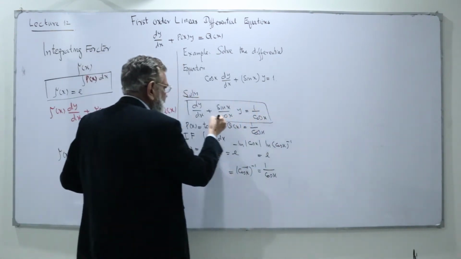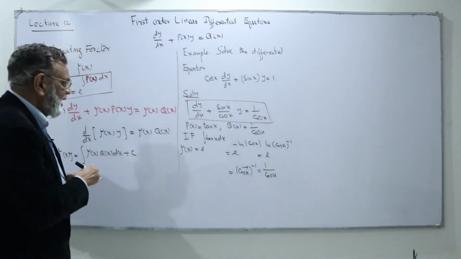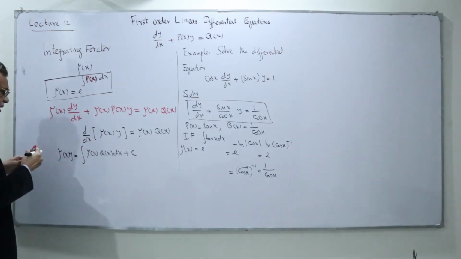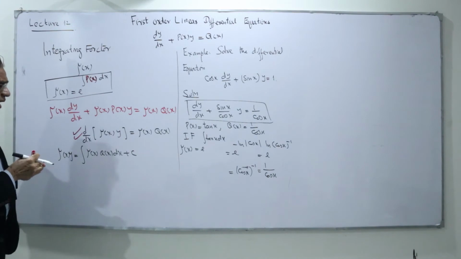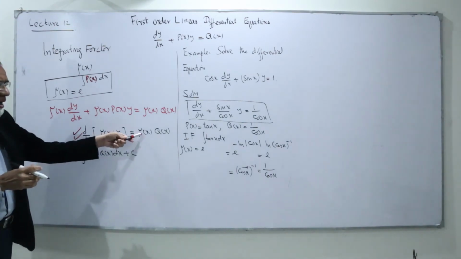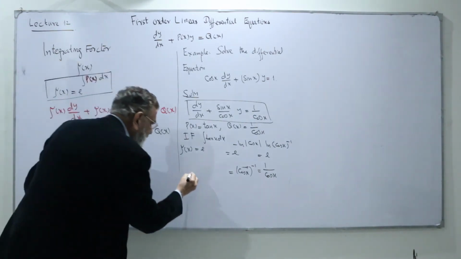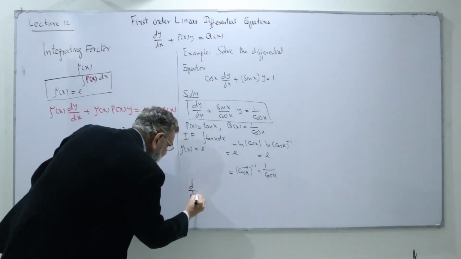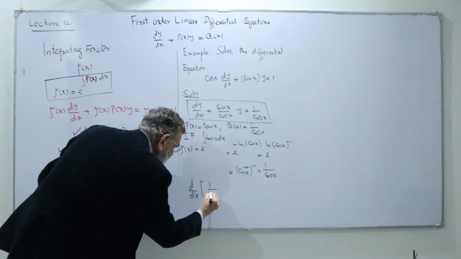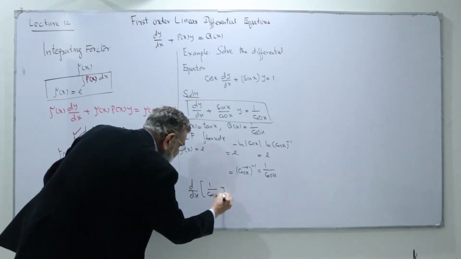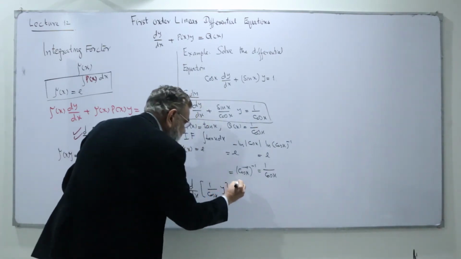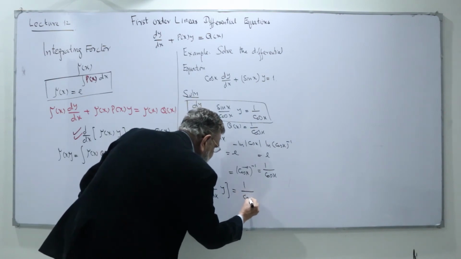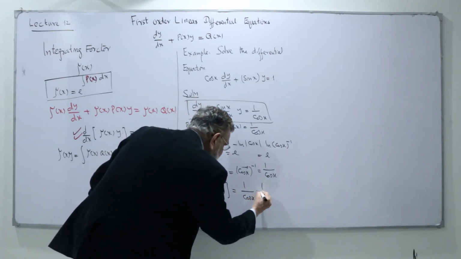This is my differential equation in standard form, multiplied by 1 upon cosine x, and we get the standard result in this form: d by dx of integrating factor into y is equal to the integrating factor into q of x.